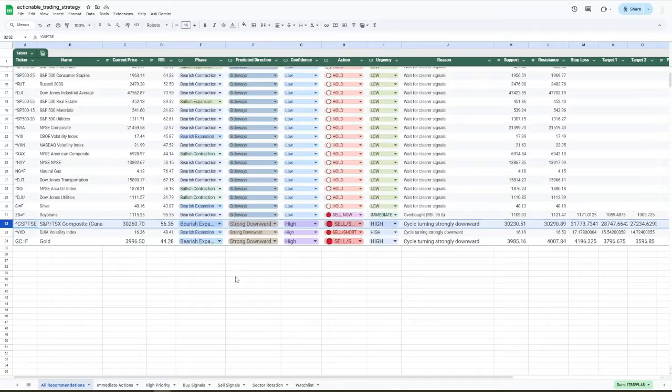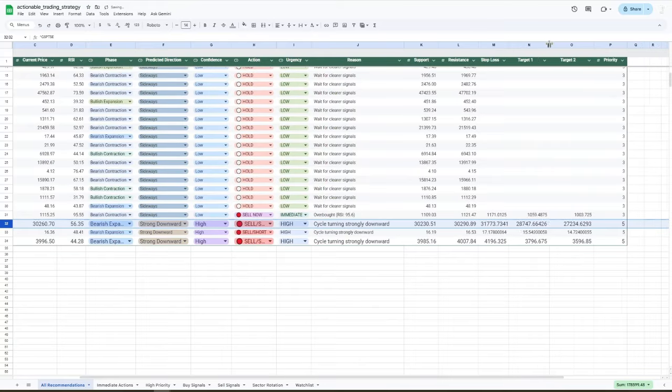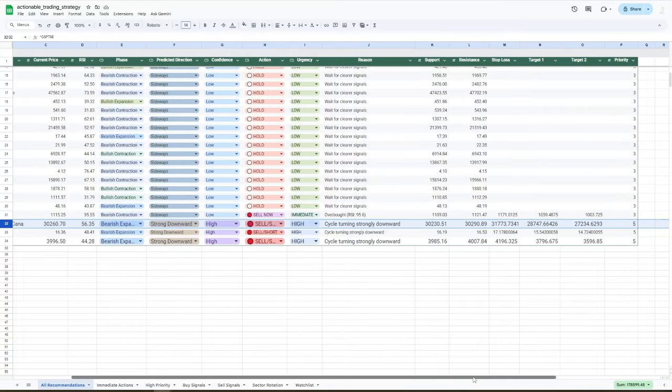The predicted direction is a strong downward trend, the confidence is very high, sell short, the cycle is turning strongly downwards, and it has these very large targets, 28,000, 27,000, so these are very large moves, and it describes what can be a potential stock market correction.